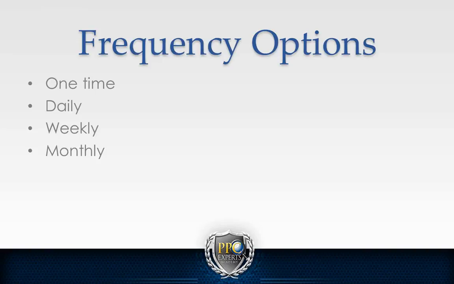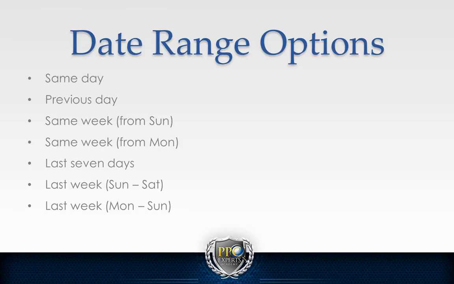The frequency options are, you can just run the rule one time, or you can run it daily, weekly, or monthly. So basically when you set up this automated rule, every single day at a certain time, let's say 2 p.m., this rule will run. Same thing too with the weeks and the months.